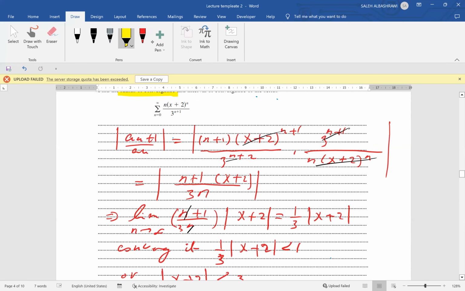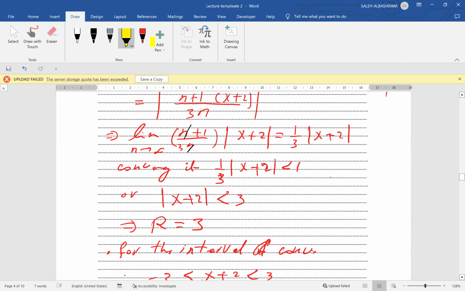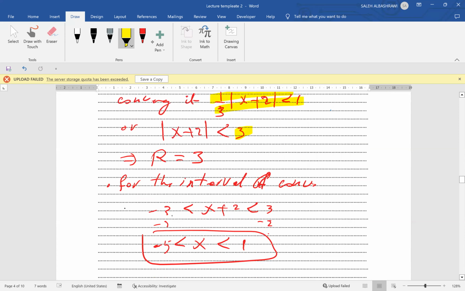We find that the limit is equal to 1/3 times the absolute value of x plus 2, and that will converge if it is less than 1, from which we found the radius of convergence, the absolute value of x plus 2 is less than 3. If we solve the inequality, x plus 2 will be between minus 3 and 3, and that gives minus 5 less than x less than 1.